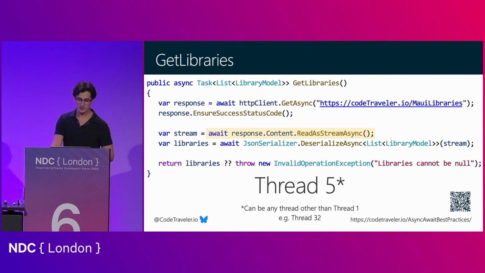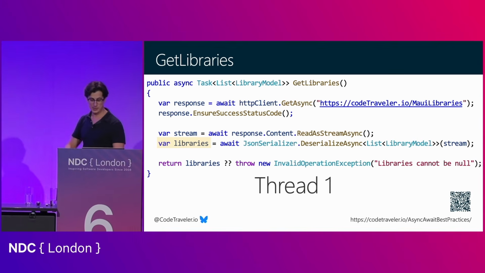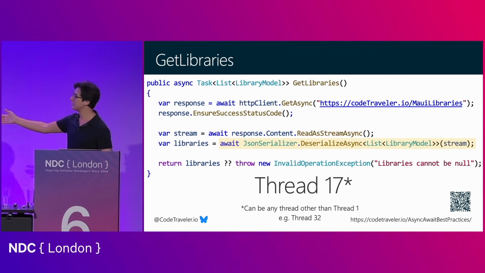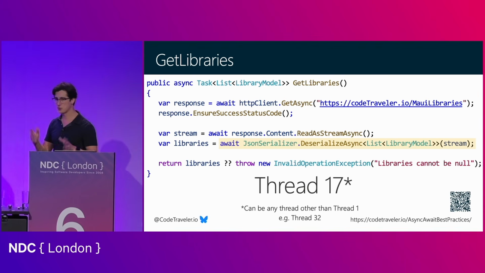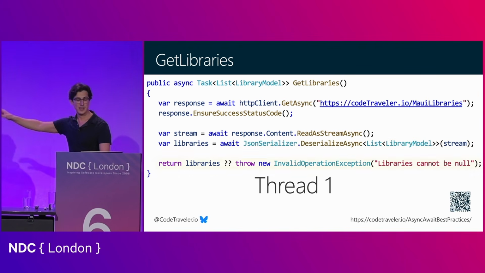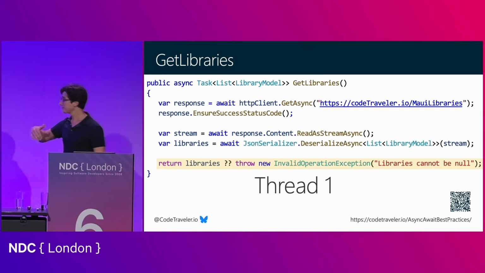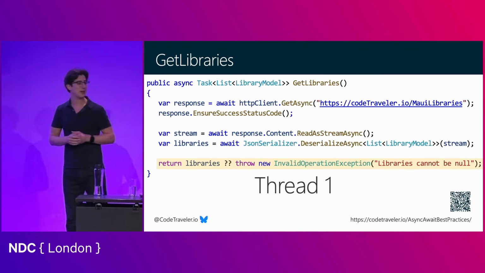It says thread 1. .NET says, all right, thread 1, get back in here. Jumps back in to initialize the variable libraries. But again, hits an await keyword, returns, is now again free to interact with the user, scrolling, swiping, whatever the user's doing while we deserialize this object in a background thread. It finishes, thread 1 jumps back in, and will return the result of libraries, assuming it's not null.